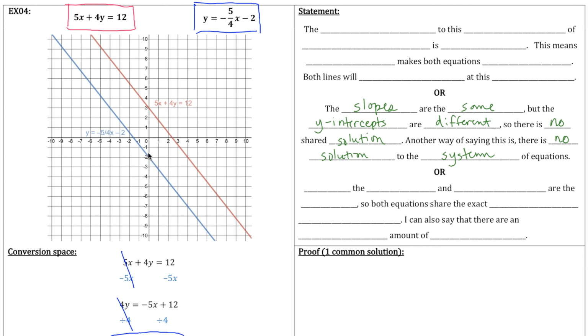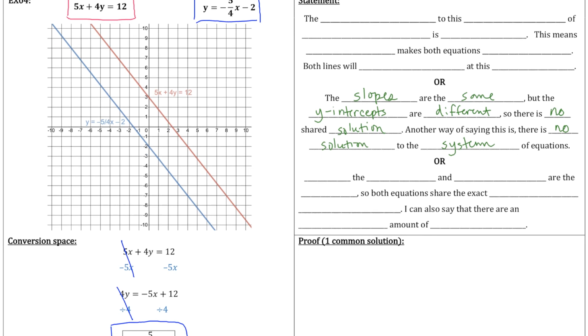But they both start, so to speak, in different places. The y-intercepts are different, so they never touch, which means they don't ever share a common solution, which means there is no solution to the system of equations that works for both of them, right?